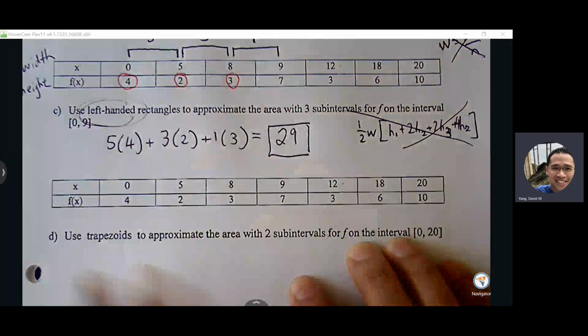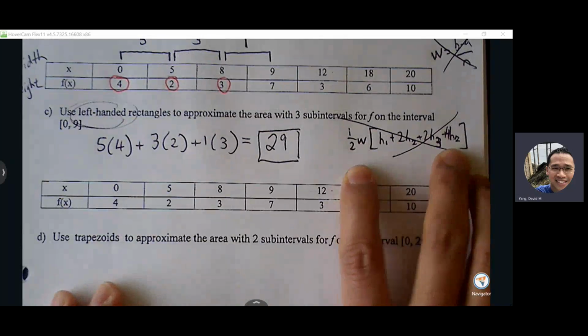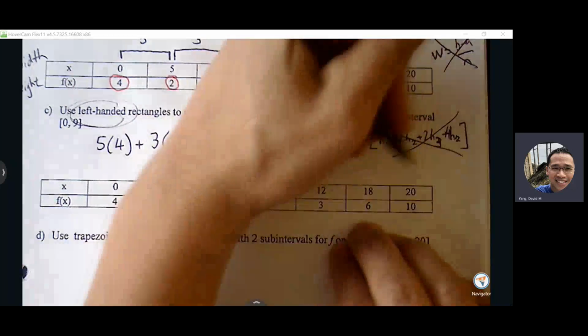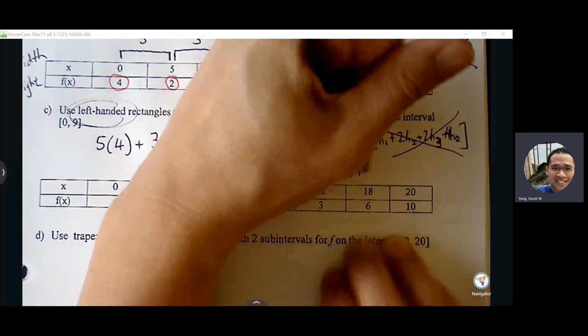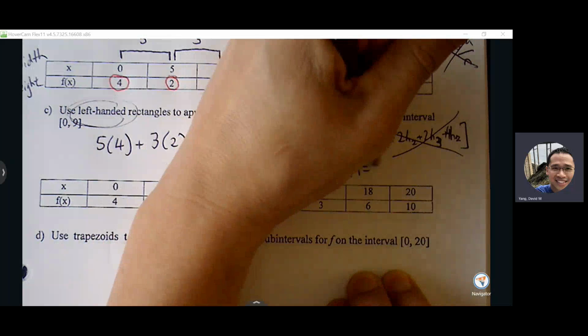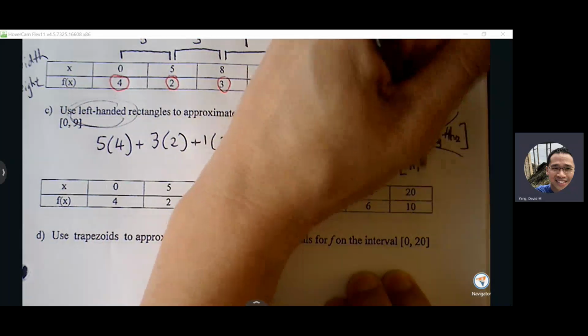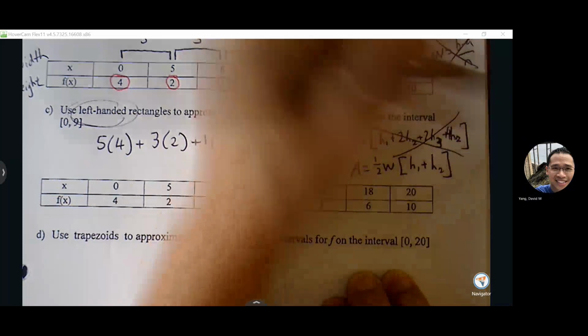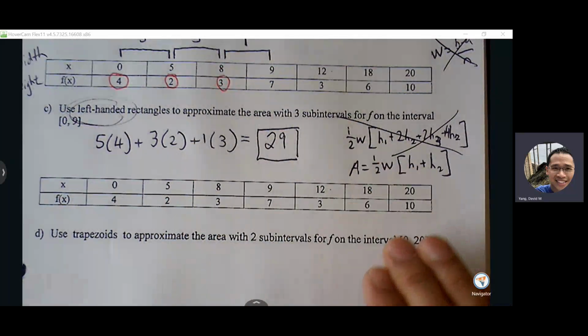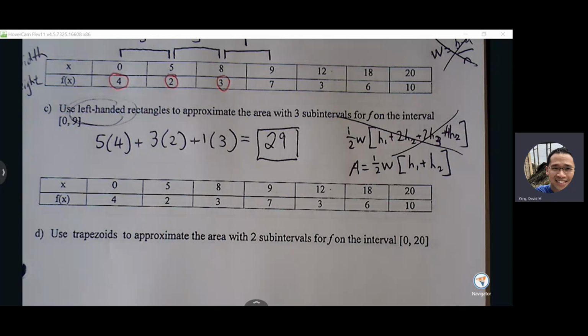So we're not going to be able to do this formula, okay? Instead, we're going to have to do the area for each trapezoid. And each trapezoid is only going to require 2 heights. Okay. 1/2 width, height 1 plus height 2.